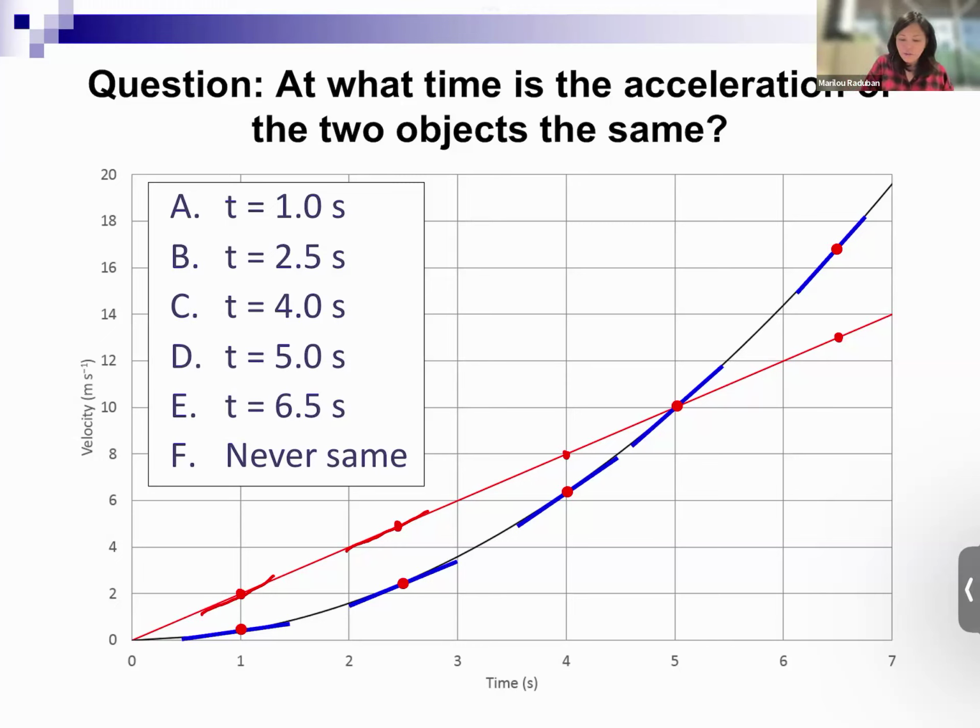Hence, if the acceleration is the same, then the slopes should be the same. And you know, at 2.5 seconds, the tangents to the points at 2.5 seconds are parallel. The two slopes are parallel for both graphs. Okay, so at 2.5 seconds, the objects will have the same instantaneous acceleration.